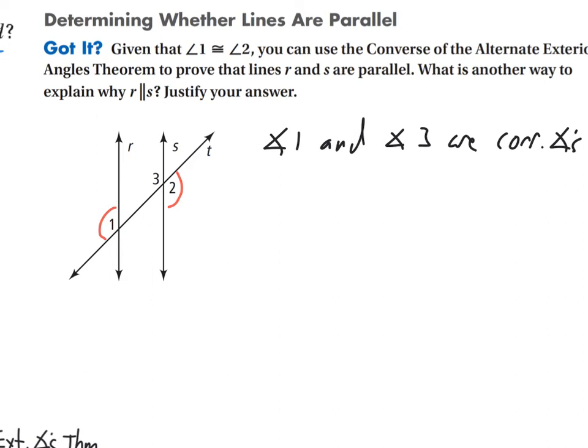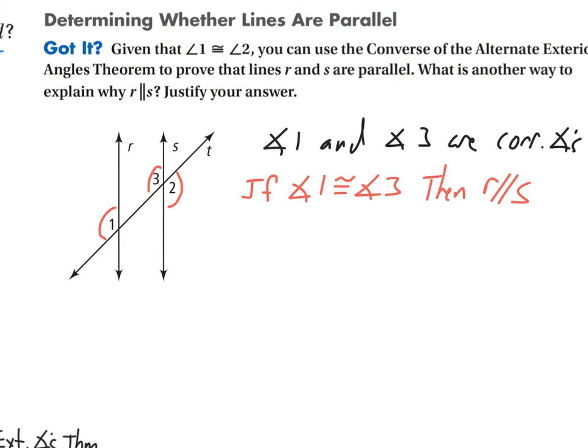Now, I agree. There is a converse of the corresponding angles postulate, right? I'm assuming that's why you said that. So if we can show that angle 1 is congruent to angle 3, then we can say that R is parallel to S. Well, are we able to say that angle 1 is congruent to angle 3?